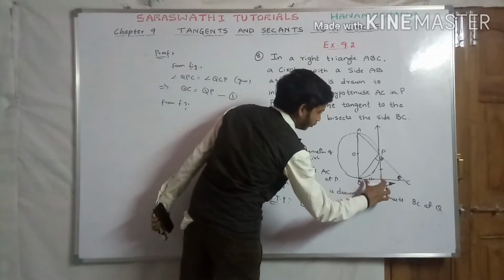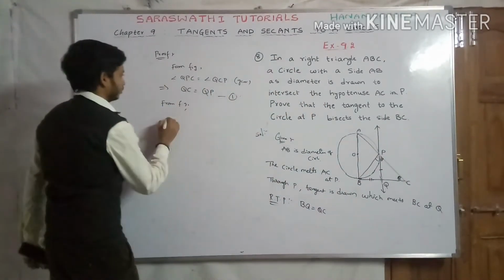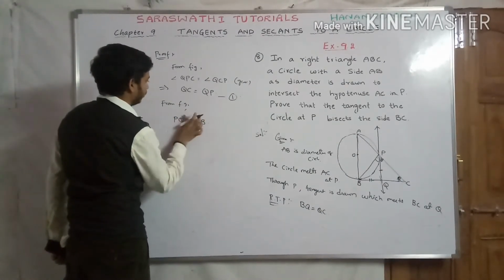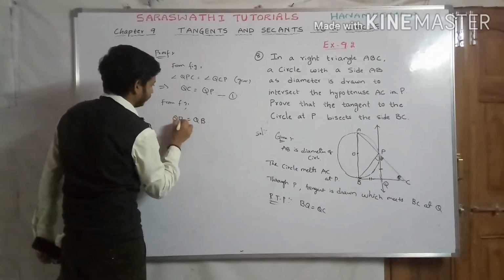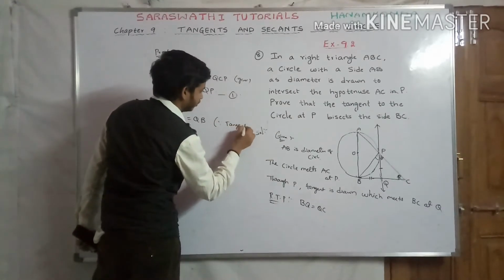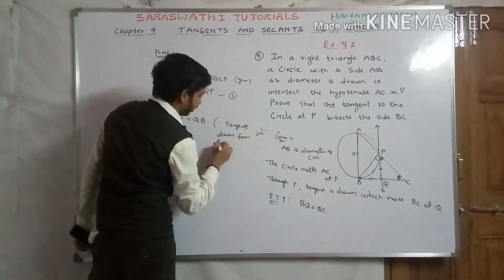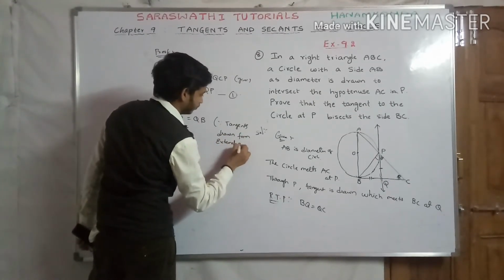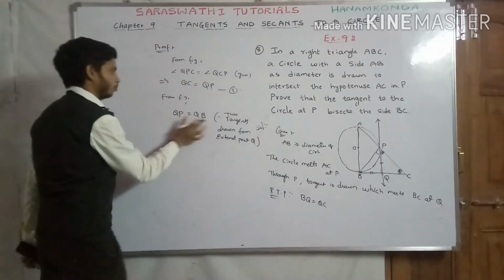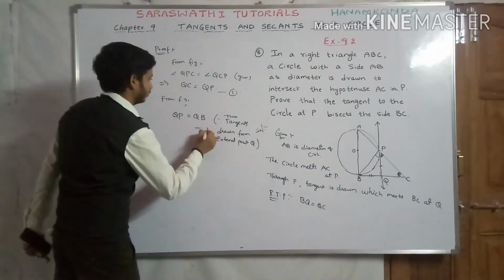Because QB and PQ both are tangents drawn from an external point Q. So QP equal to QB, since the lengths of two tangents drawn from an external point are always equal. Take it as second equation.